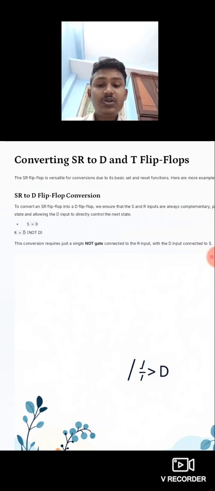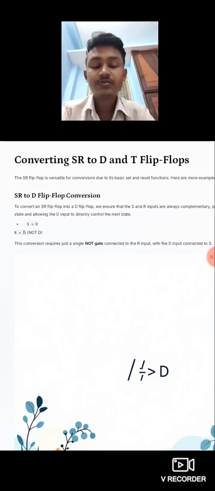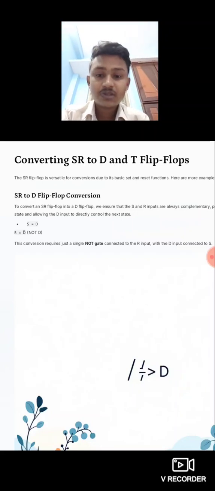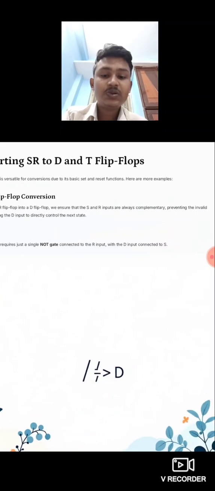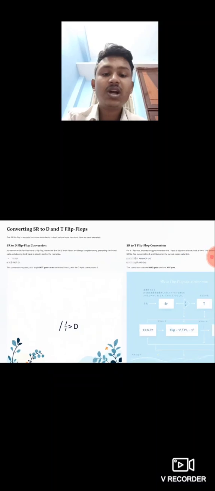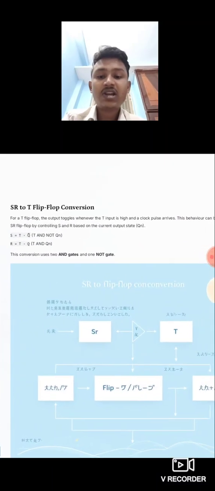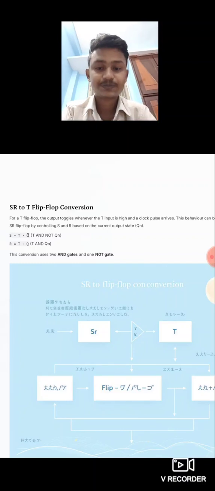Here S equals D, R equals D bar. This conversion requires just a single NOT gate connected to the R input, with the D input connected directly to S.